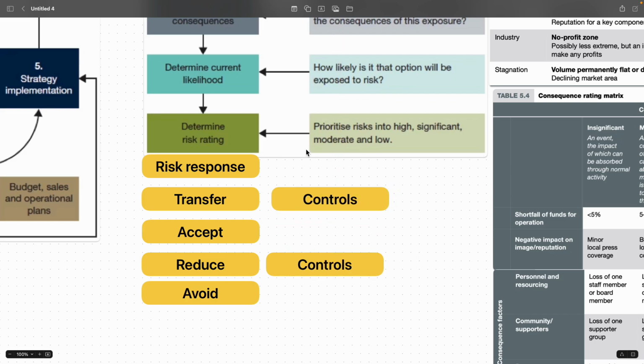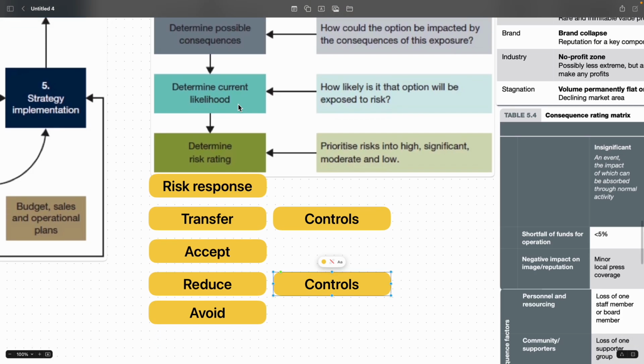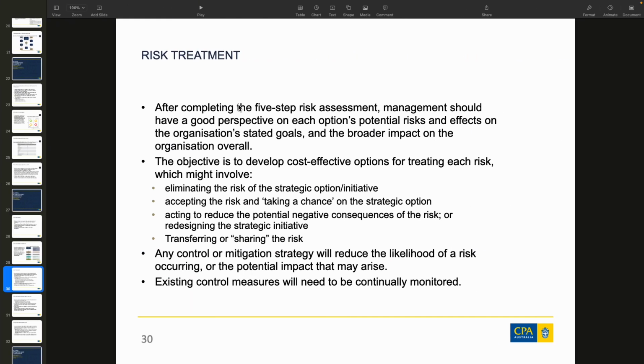Clear? You are taking a control. The control part will reduce which one? It reduces the consequences or likelihood. Clear? Now, existing control measures need to be monitored regularly. So you have to monitor carefully to see everything is correct.